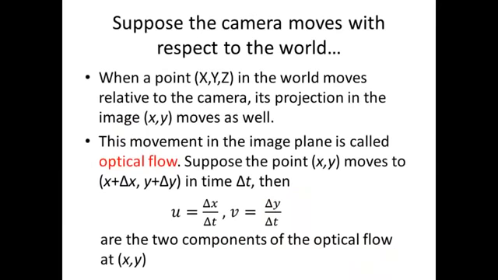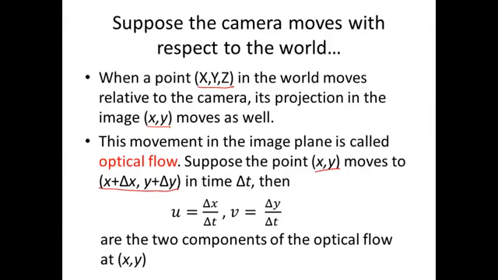Okay, so what happens when the camera moves with respect to the world? When a point X, Y, Z in the world moves relative to the camera, its projection in the image, for which we use lowercase letters x, y, moves as well. This movement in the image plane is called optical flow. So suppose that the point (x, y) moves to the point (x plus delta x, y plus delta y) in time delta t.